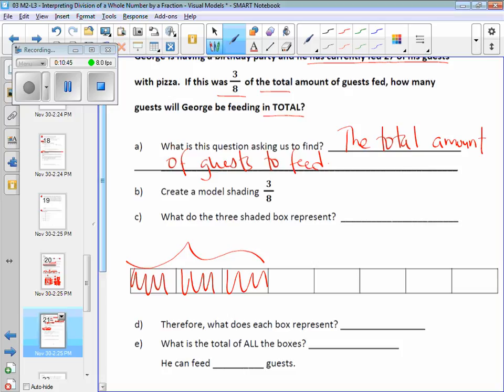The 3 boxes shaded represent how many guests he's already fed, which is what number? Nick. 27. I'm going to put that here and here. You're home free. Because all you got to do now is find the magic number and put it in every box.